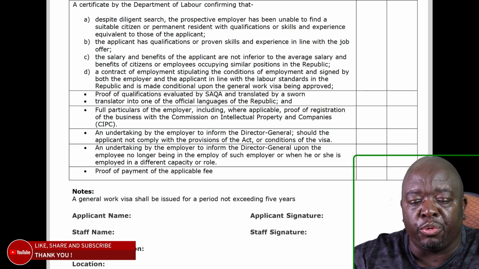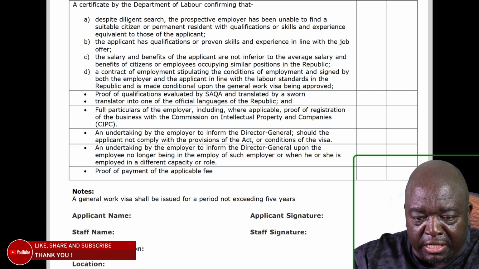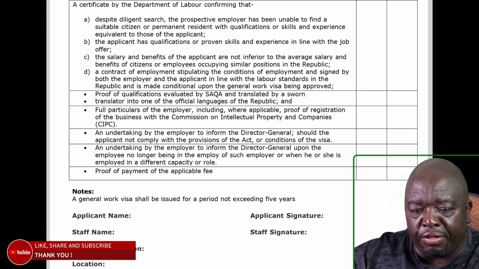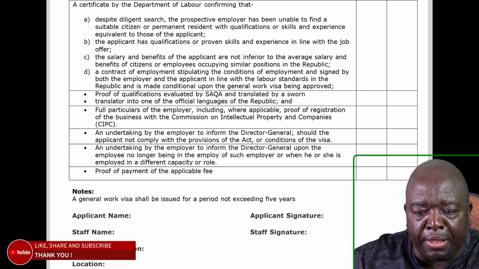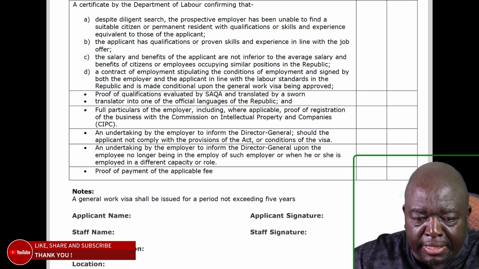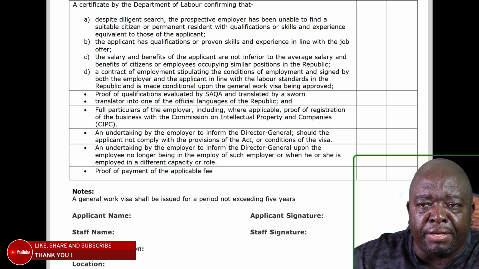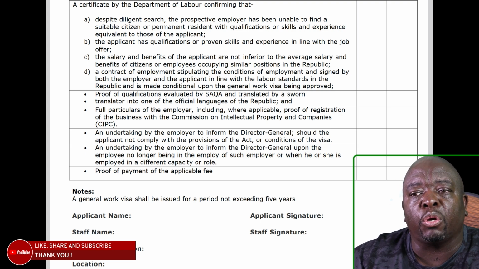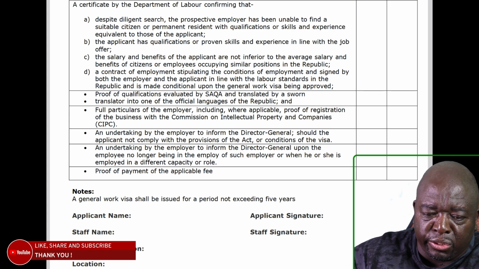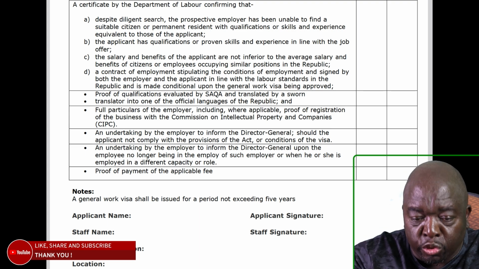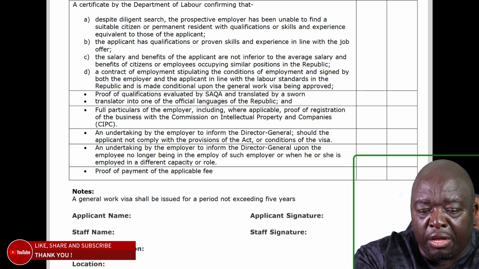For companies, you need to have different things. You need to have proof of registration of the business, particulars of the employer, and the company profile. They call it the company background. So all those things that we used to apply for the waiver will come in handy.